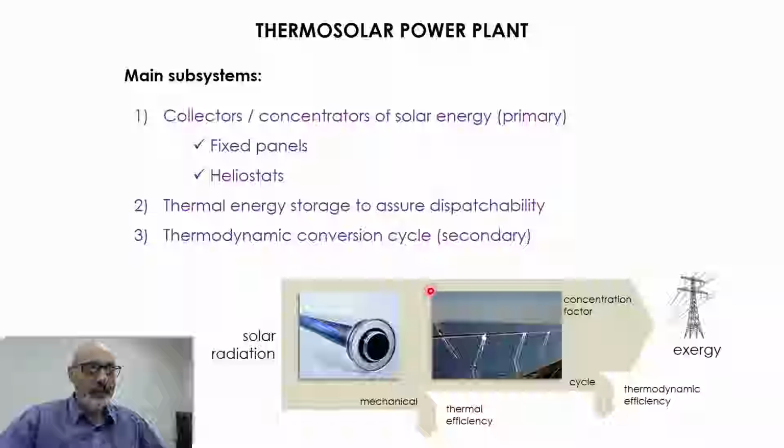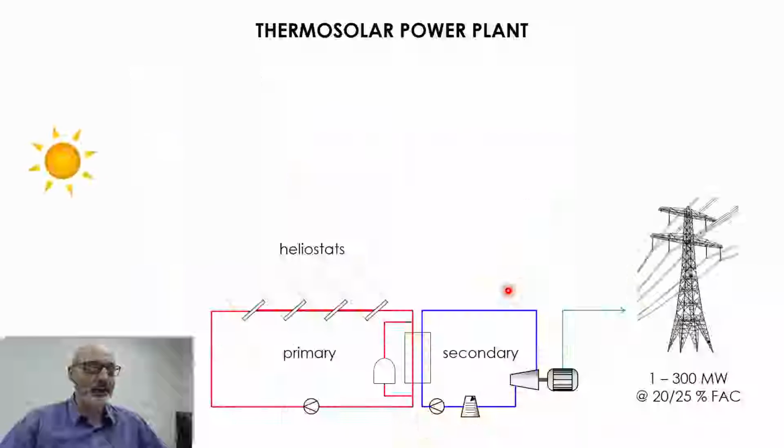Then you have losses related to the second law of thermodynamics. This is thermodynamic efficiency. So this is a very broad view of the power plant, and we're going to take a look in detail at all these parts of the power plant.